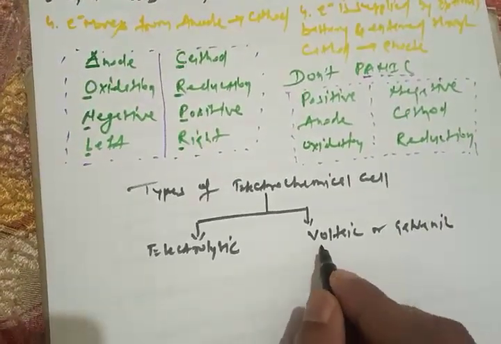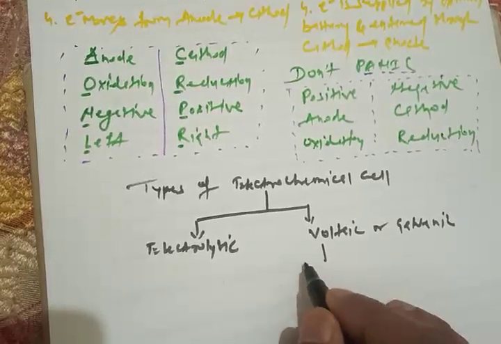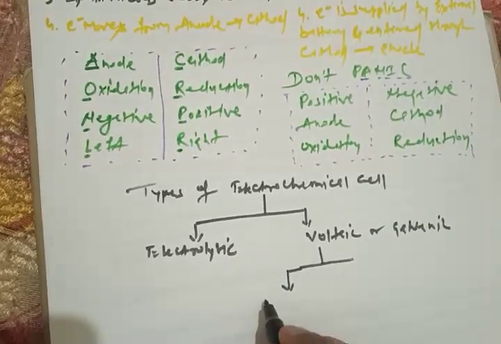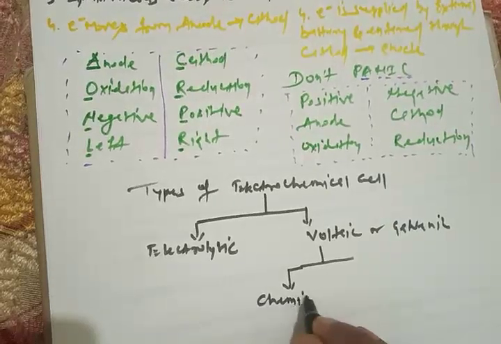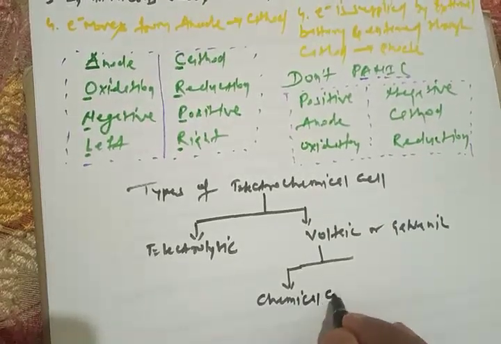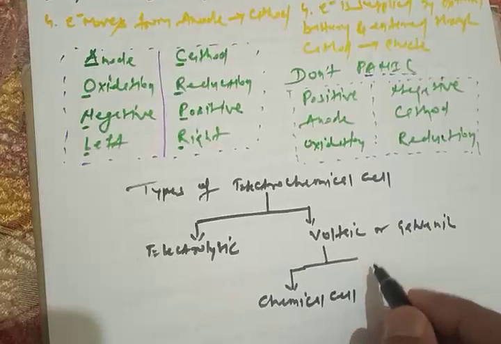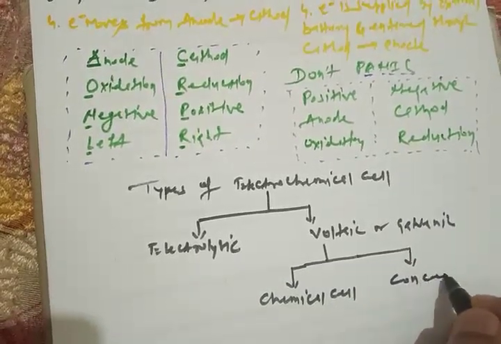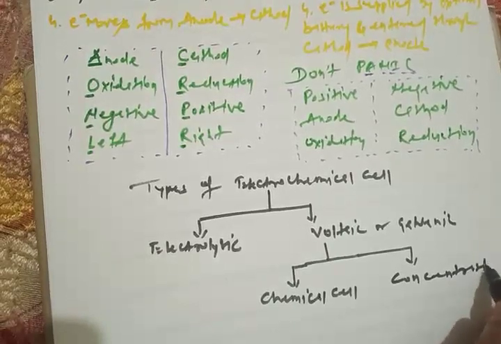Then the voltaic cell is divided into two types again. The first is chemical cell, and the second one is the concentration cell.